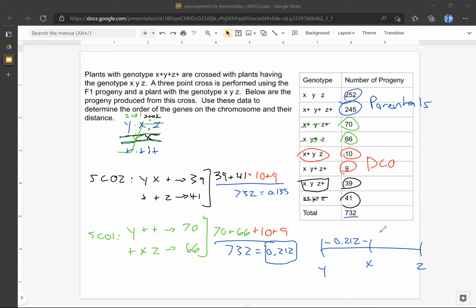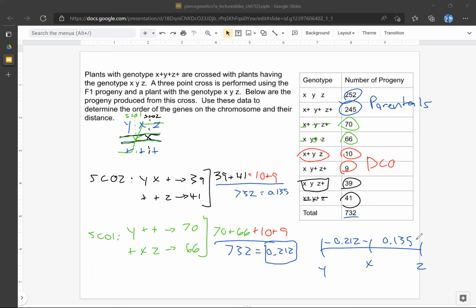And then the relative distance between X and Z is the recombination frequency between X and Z, which is single crossover 2, which is 0.135. We did it.